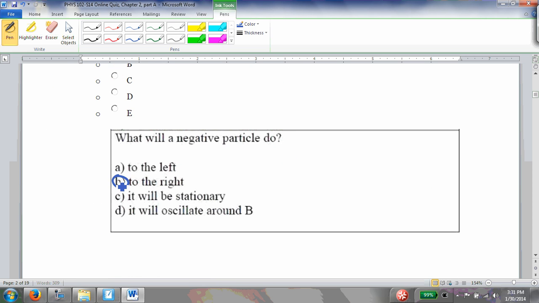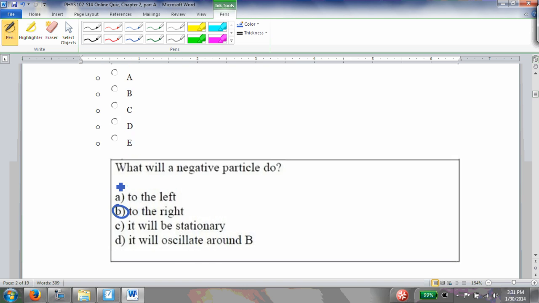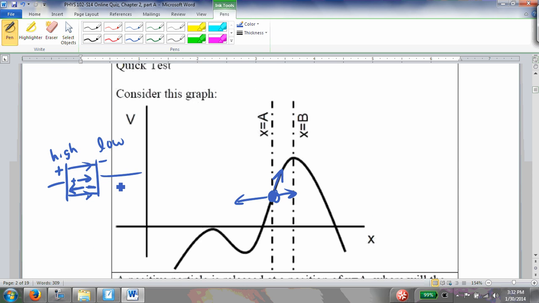So to the right. However, there's another correct answer here, and that is that as it moves to the right, when it comes up here, look, it can't move from low to high potential anymore because there is no more high potential, and so it's going to sort of overshoot until it gets over a little ways, and then it's going to start coming back up. And so the negative particle will do this sort of interesting thing where it's going to oscillate back and forth, at a very prescribed rate, actually.